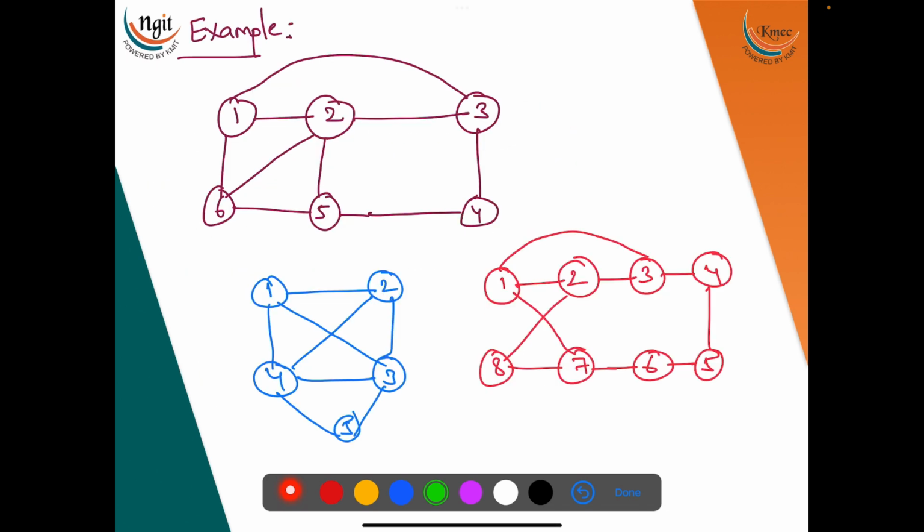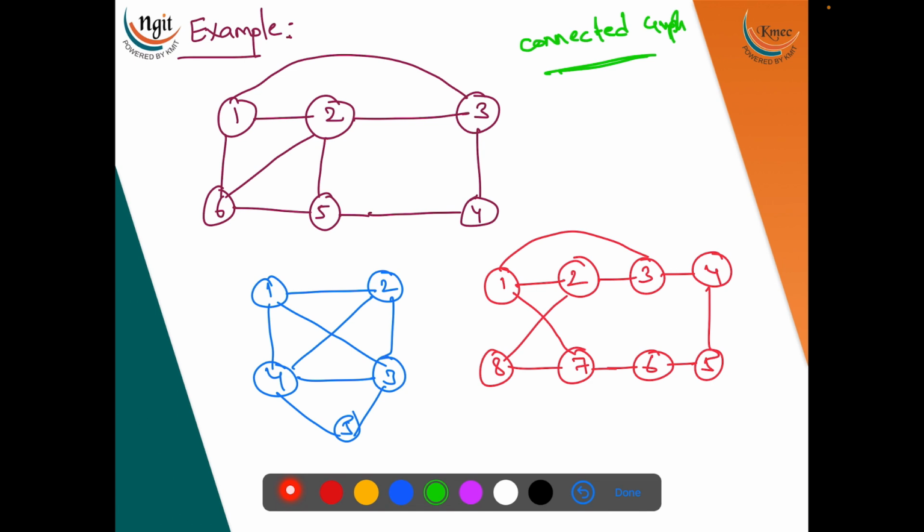Now, let's see a few examples of which graphs will generate a Hamiltonian cycle and which will not. Do I have any Hamiltonian cycle from this graph? Let's find it out. How many Hamiltonian cycles will you get from this graph?